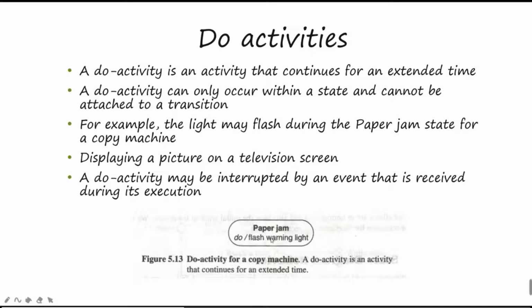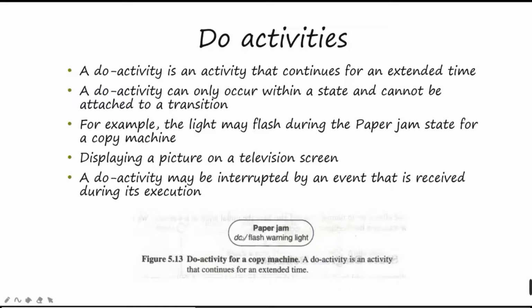For example, for the paper jam, in this state, if it got an event, for example, the paper jam soft, it means it will leave the paper jam state to the normal. It means in response to the event of paper jam soft, it will finish the do activity.